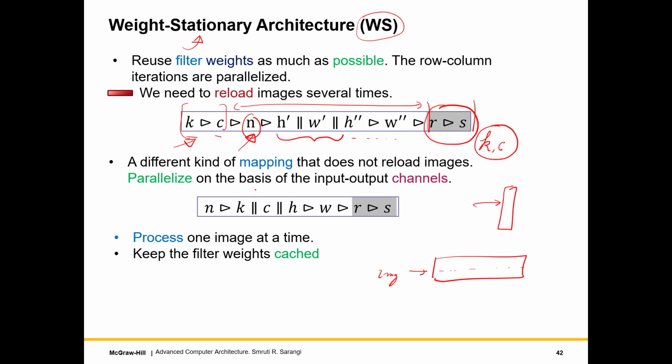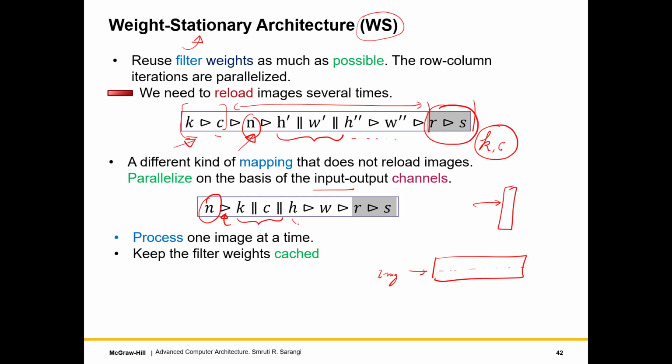So we can always have another kind of mapping and order of computation, where we parallelize on the basis of input output channels and look at images sequentially, which is something that would probably suit us more. In this case, we look at images sequentially, hence you have the sequential operator here. Then we parallelize our computation based on KC pairs. So they are mapped to different computational units.